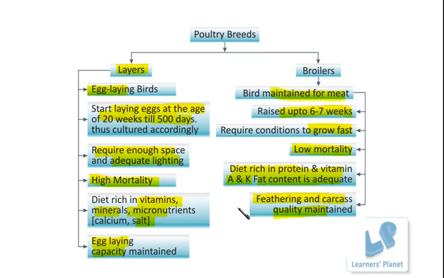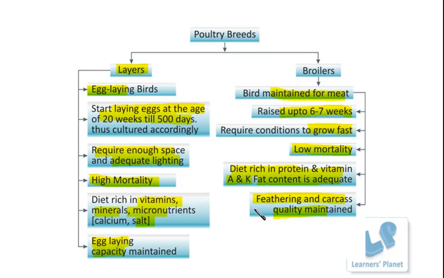The broilers should have less feathering, and carcass quality, that means the dead organisms, should be good. They should not rot very fast. So basically all these conditions are required for such types of breeds. Now, how these conditions are managed, we will discuss later on.